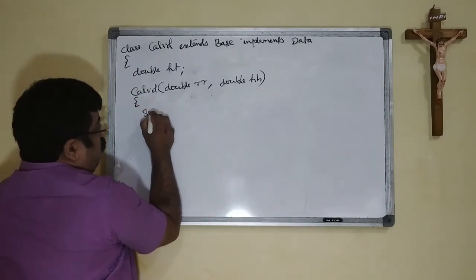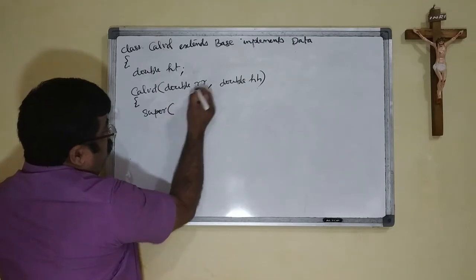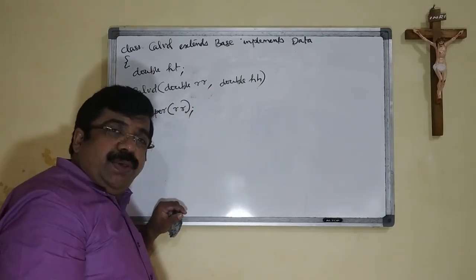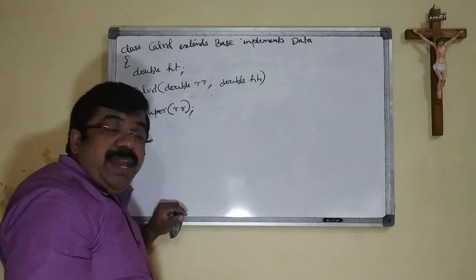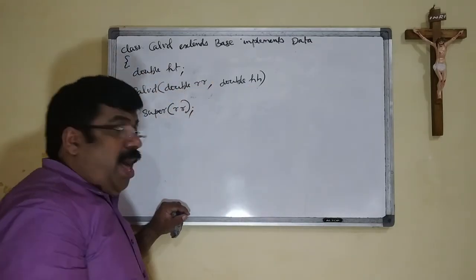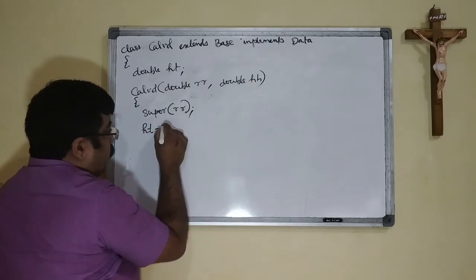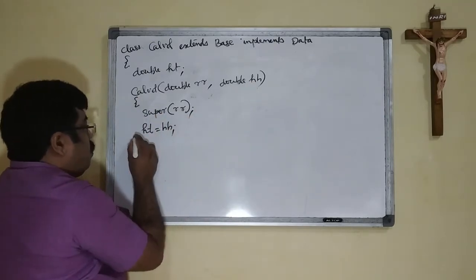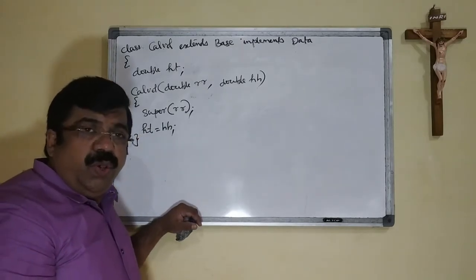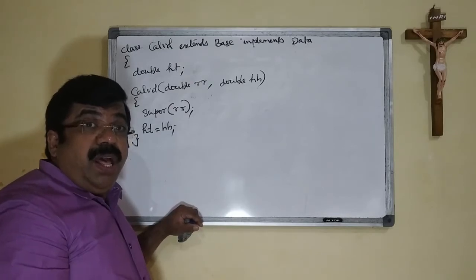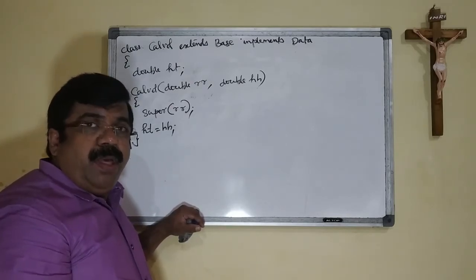Give super with what? Radius. And HH should go to the height. We are giving HT equal to HH. Constructor is over.